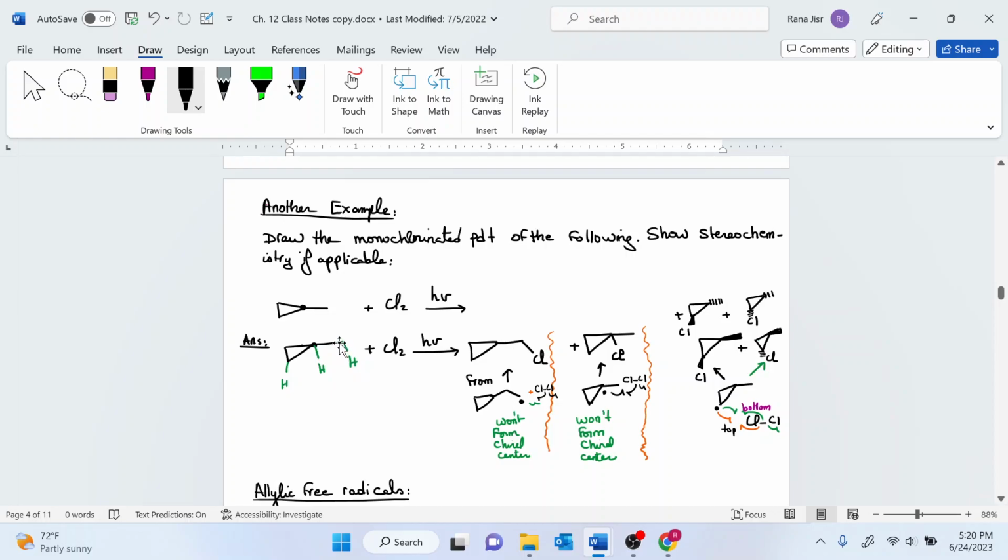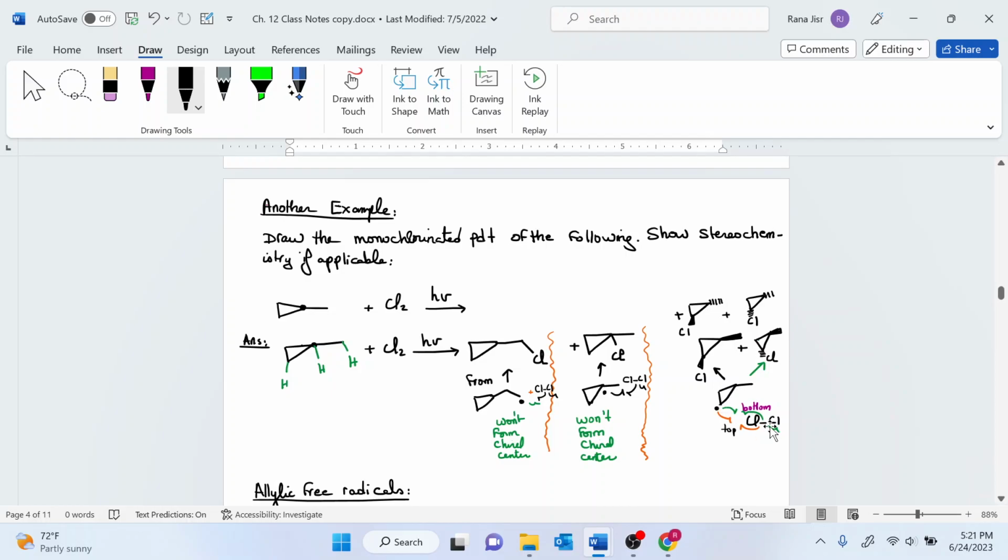So replacing the primary hydrogen would result with a primary radical. The primary radical is not a potential chiral center. Here is not a potential chiral center. The tertiary radical is also not a potential chiral center. But on the other end, replacing that secondary hydrogen will be a potential chiral center because you have three different groups in this case. So that is going to be your planar free radical.